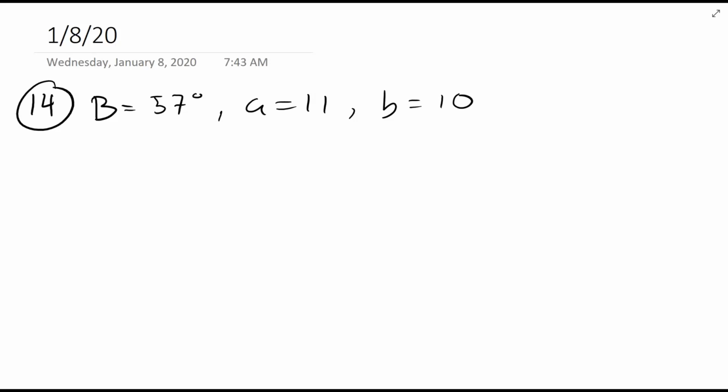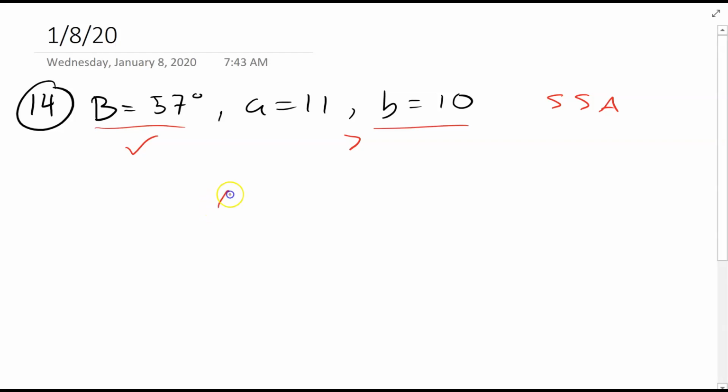To have the possibility of two triangles, you have to have an SSA situation where the given angle is acute and the side opposite the given angle has to be less than the other side that's given. Which is what we have going on, right? Because side B is the smallest of the two given sides. That's the side opposite the angle.